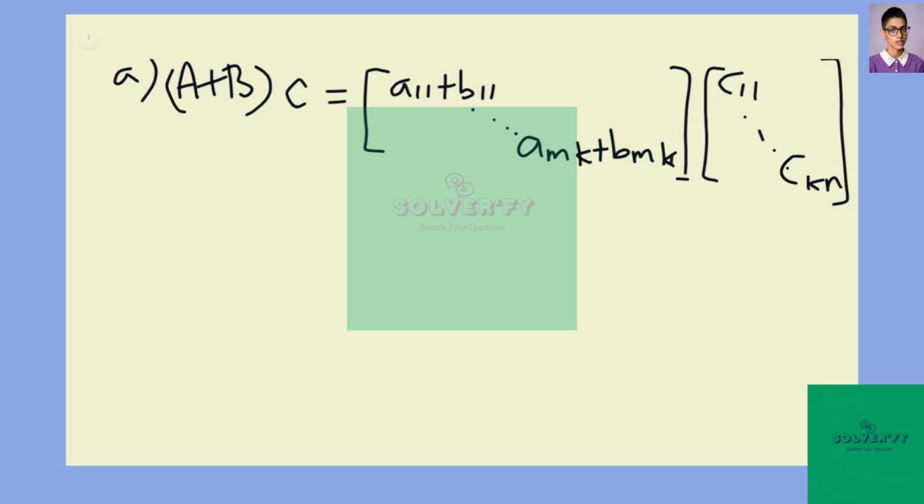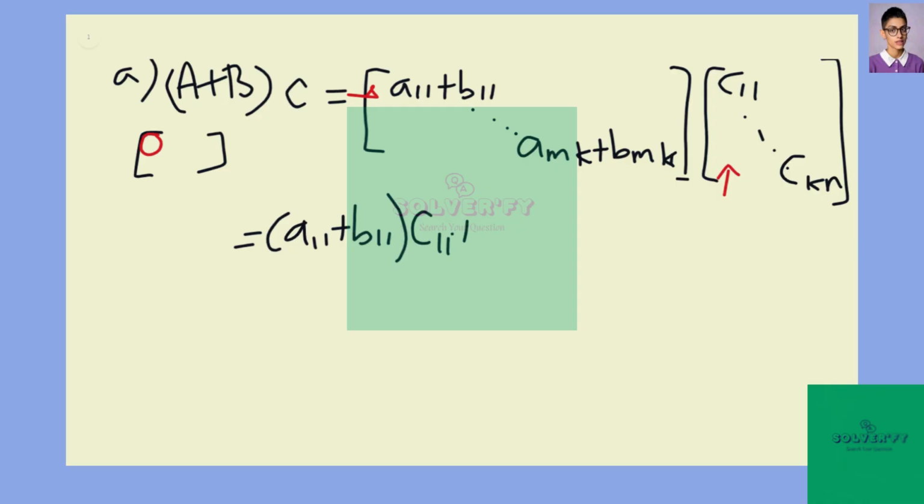Okay, and so when we take, for example, our first row by the first column, in our product matrix, the element in the first row, first column is going to look like this. So we're going to have A11 plus B11 times C11. I'm going to add that to A12 plus B12 multiplied by C21.